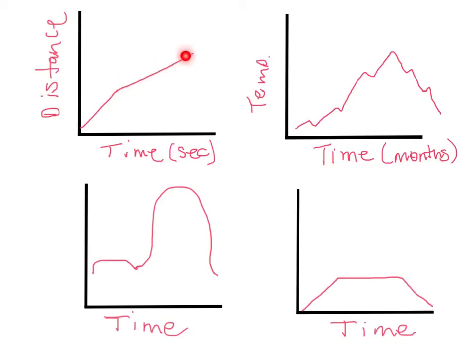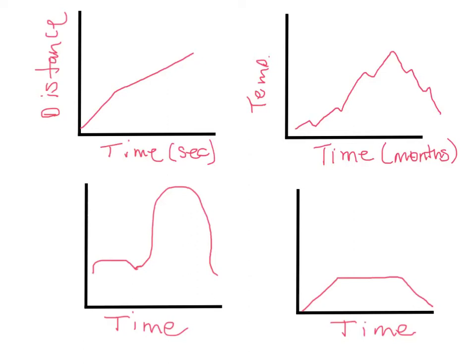As the line becomes less steep, it means that the runner has really slowed down. So it looks to me like somebody took off and sprinted really fast and then slowed down a little bit.